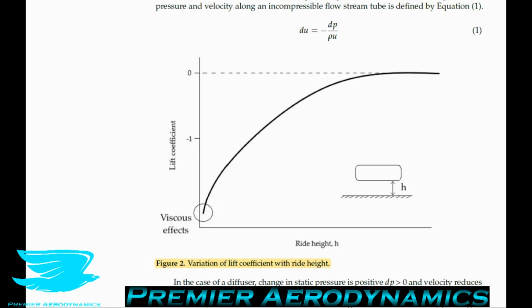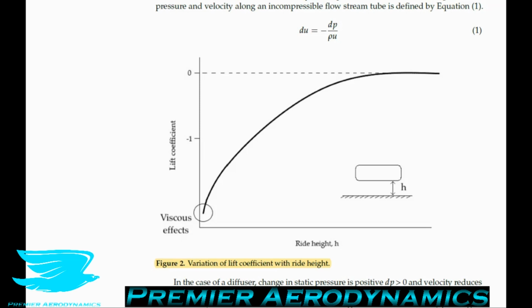In this particular case, when you go down so far, viscosity starts to interrupt the fluid's motion, and you can't get it to move any quicker, and you don't get any greater drop in pressure, which means you don't get any greater change in lift or downforce production. That's why you get a sweet spot. If you go high, you don't really get that Venturi effect. If you go too low, then viscosity interrupts the fluid. So there's a sweet spot.